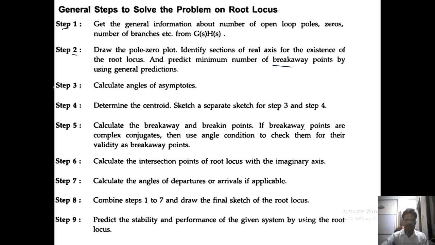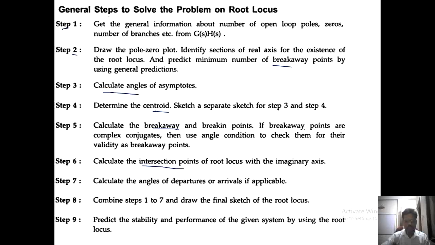Whatever the 7 rules we have covered, it is not necessary that each and every rule will be applicable to a given numerical. It depends wholly on the numerical. In some numericals, within 3 to 4 steps the problem will be solved, but in some cases all rules may be applicable. Then angle of asymptotes, determination of centroid, calculation of breakaway point, calculation of intersection point.